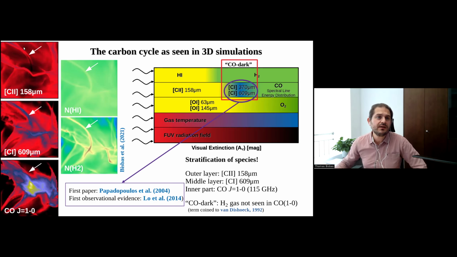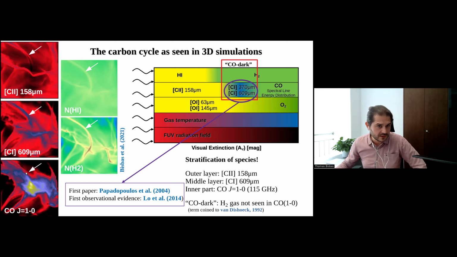So you see here, if you focus on the column density of molecular gas in this filamentary structure, you see that we have the emission of C+, so we are talking about the outside part of this filamentary structure. Then we have the emission of C1, so we are actually in this middle part where we see a strong emission of C1.